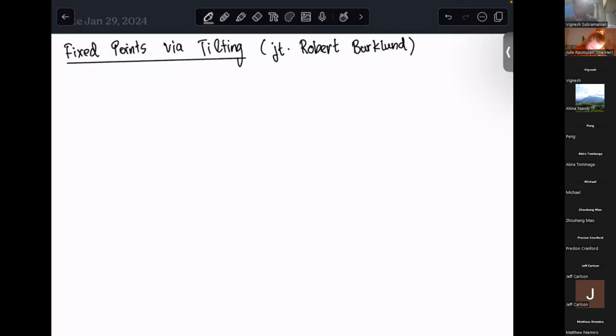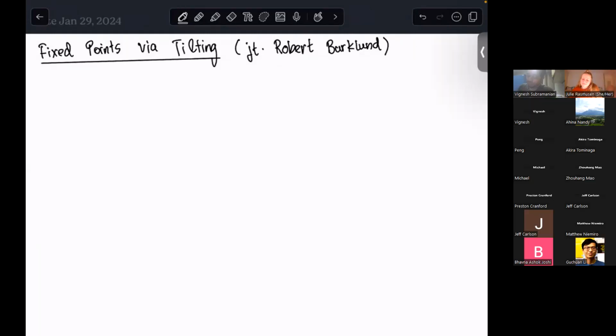So in a way, today we are going to discuss some methods about how to compute fixed points, cohomology of fixed points through homotopy theory. When I say fixed points, I should make clear what is the context that I'm talking about, what kind of fixed points.